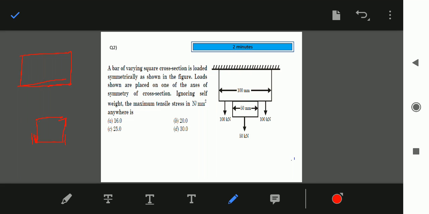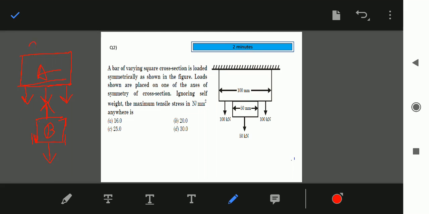Here 50, here also 50, and here also 50, and here 100, and here 100. So for block A, and this one is B, for block A total load acting is 250 kilonewton.